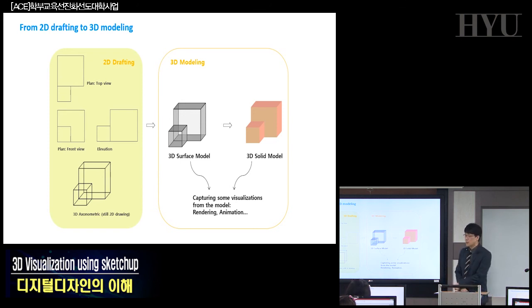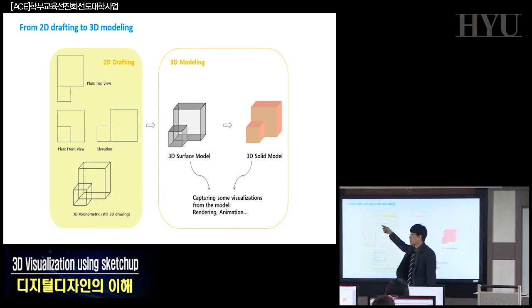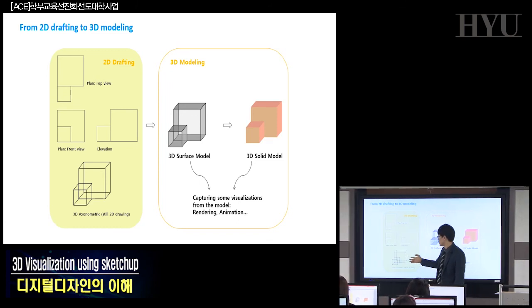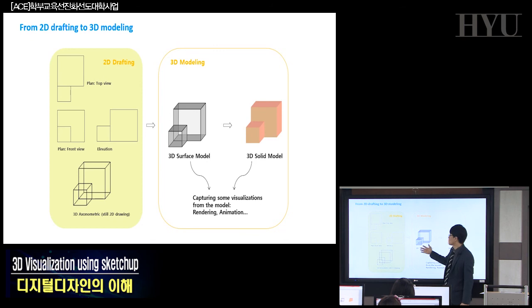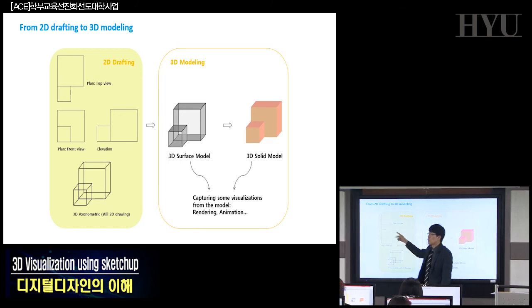One important thing is when you are using a 3D surface model or solid model, this kind of top view, front view, even axonometric view, they are all just a subset of this 3D representation. If your camera is on top of this object and you change your view, that's going to be this top view, okay?